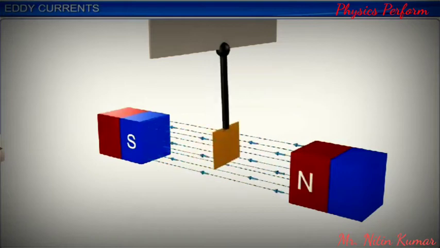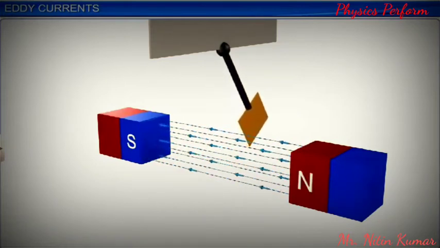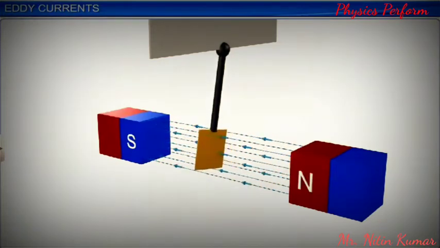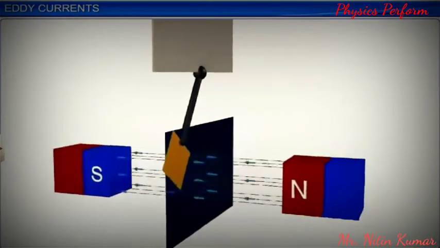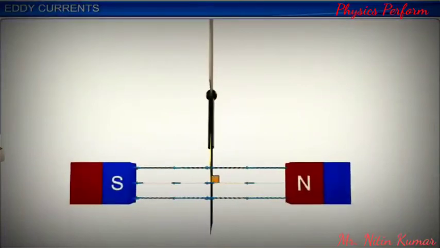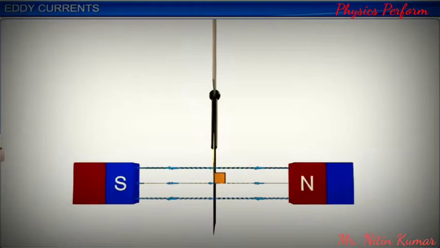We use an apparatus that allows a copper plate to swing back and forth through a magnetic field like a pendulum. The plane in which the copper plate swings is parallel to the plane of the plate and normal to the direction of the magnetic field.